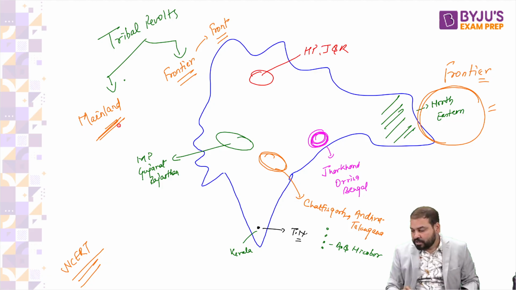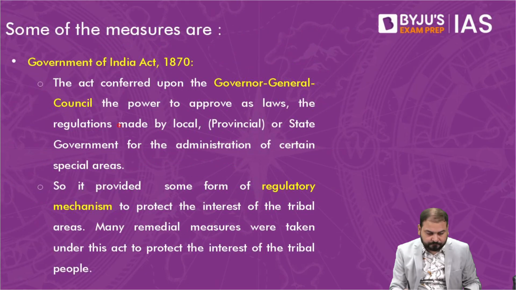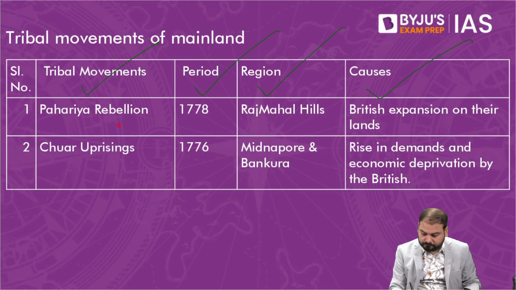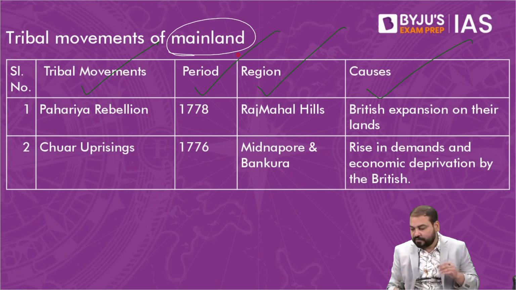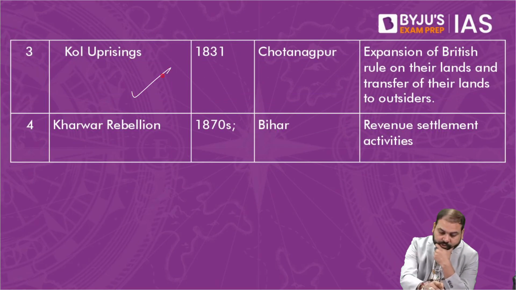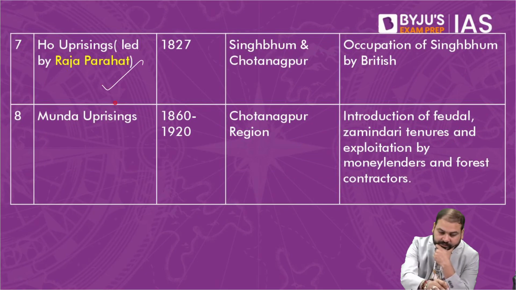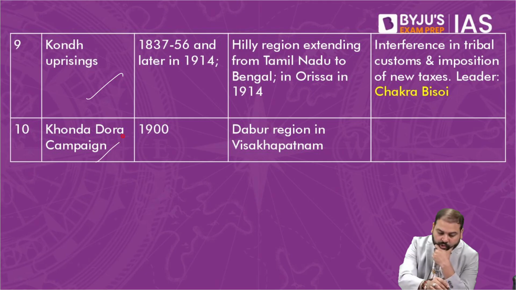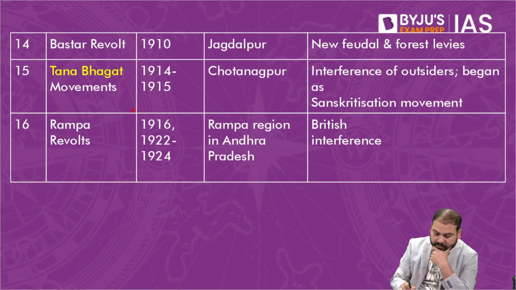Okay. Now everyone, please notice something. These are mainland tribal revolts. Pahadia, Chuar, Kol, Kharwar, Santal, Naikada, Ho, Munda, Kond, Kondadora, Bhil, Bhuyan, Koya, Tana Bhagat, Bastar, Rampa.